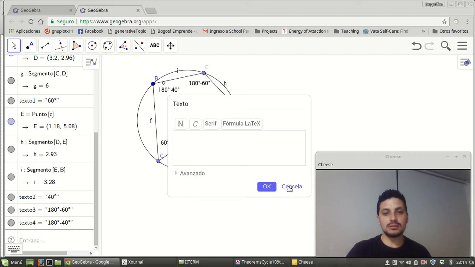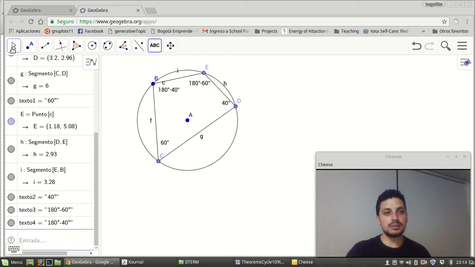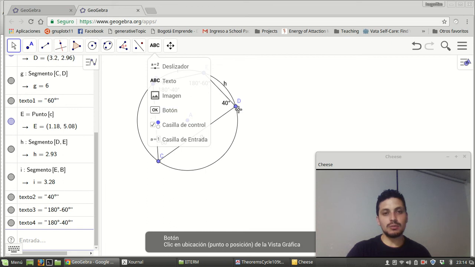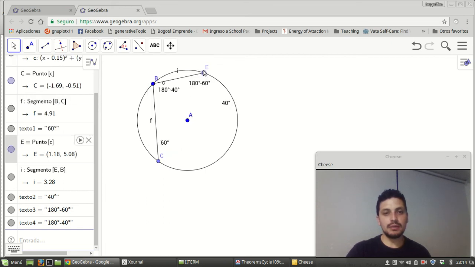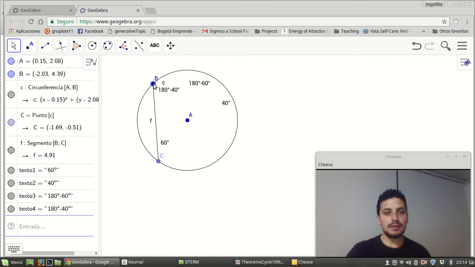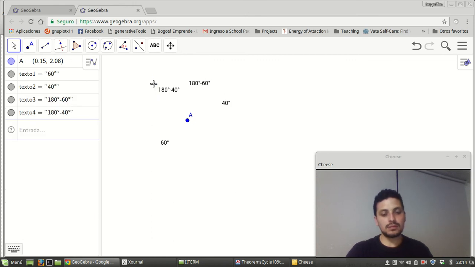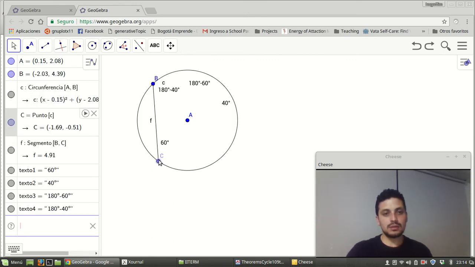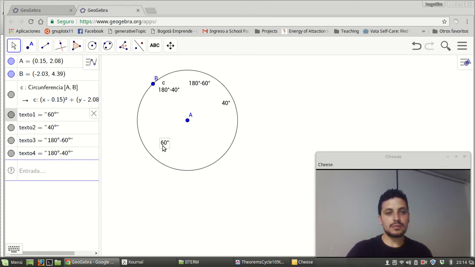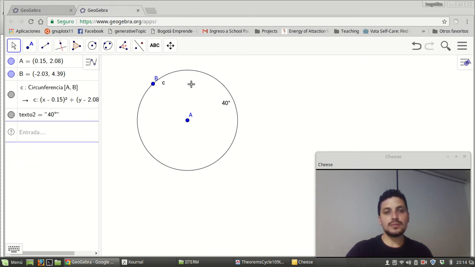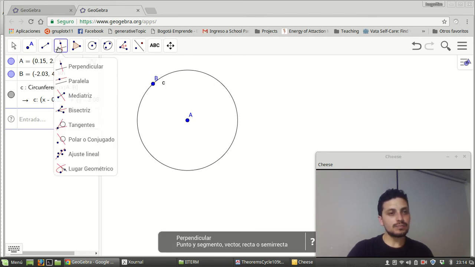Let's say that we don't need this quadrilateral anymore. We just need the circle. Okay, we just have the circle, and now we're going to have a tangent here.